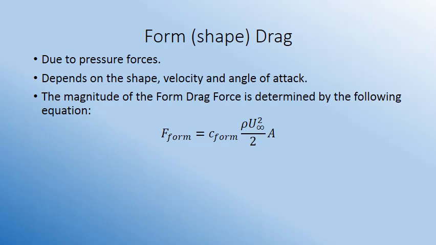Since pressure is measured with the momentum of the fluid's molecules and force is defined as changed momentum, the magnitude of this force can be calculated with the following formula. F_form equals C_form times rho times U squared over 2 times A.